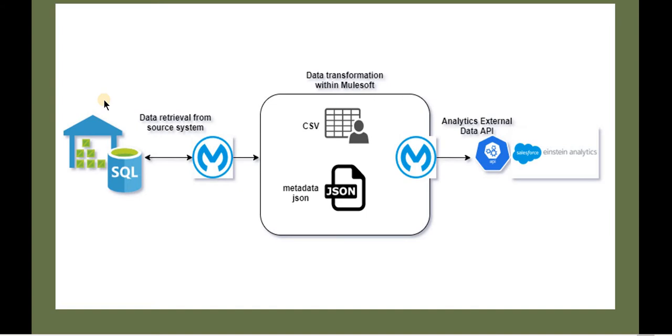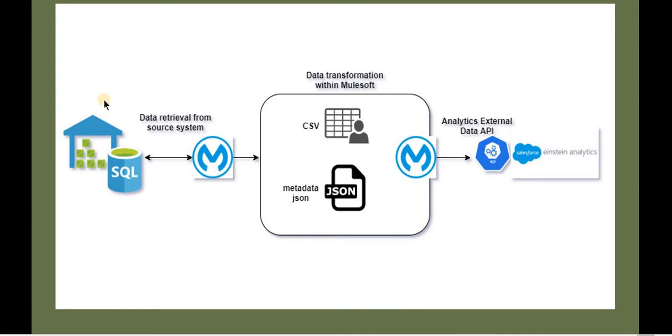So you have to provide a combination of CSV file and MD JSON file to the API, and then Salesforce is going to process the data based on the information provided in the MD-JSON file. It is important to have this MD-JSON file because, for example, if you have to ensure that the data type of the column is correct in Salesforce, then this MD-JSON file would be required so that the runtime engine can read the file and then process the data accordingly in Salesforce.